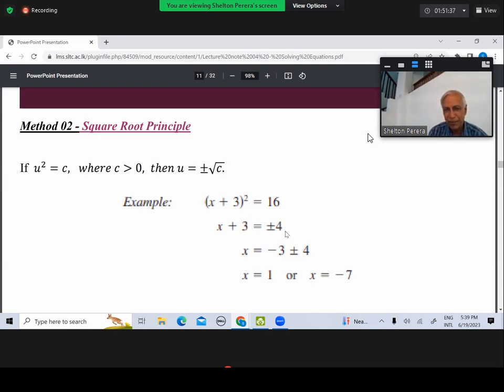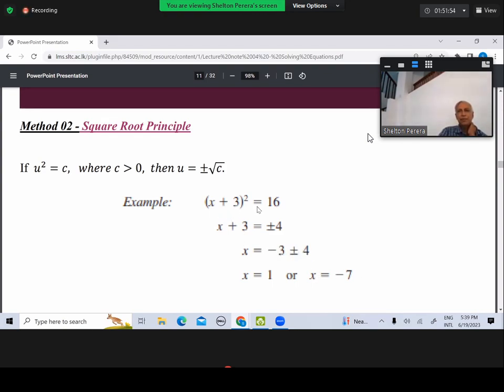Take this to the other side, you get minus 3 plus or minus 4. x is 1 or x equals minus 7. When you take the plus sign, it becomes 1. When you take the minus sign, minus 3 minus 4 is minus 7.